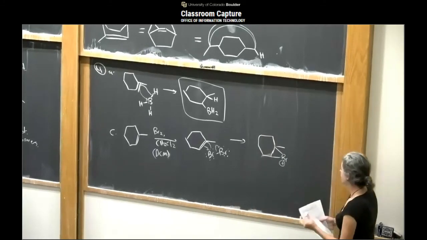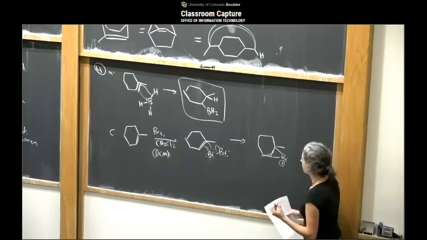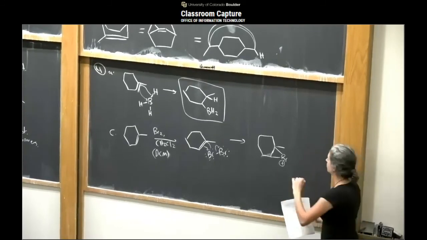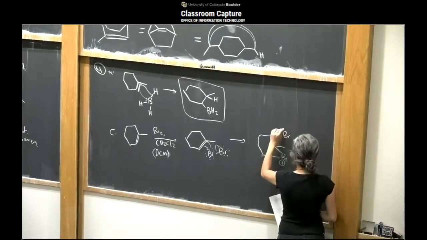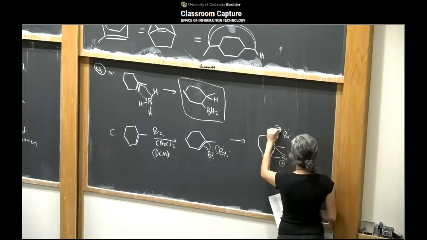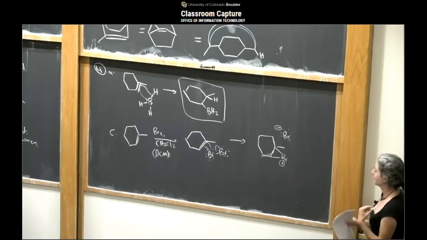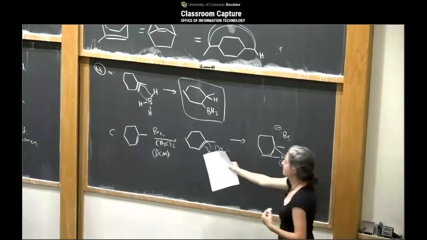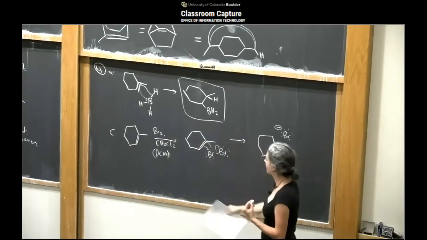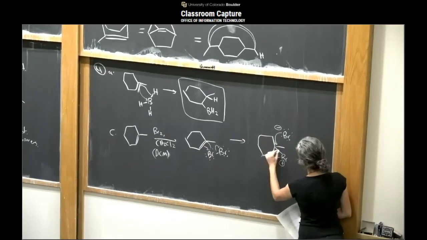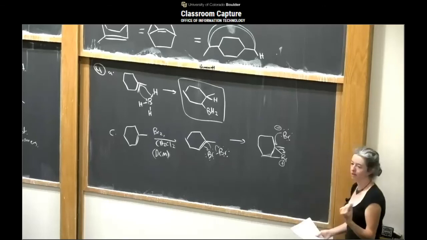Okay, and then at this point, a lot of people showed DCM coming in and attacking, but also a few people mysteriously had water and alcohol showing up out of nowhere. Don't do that. If I give you limited reagents on the arrow, you've got to use those, sorry. Okay, so at this point, the Br minus will come in and pop the ring open.